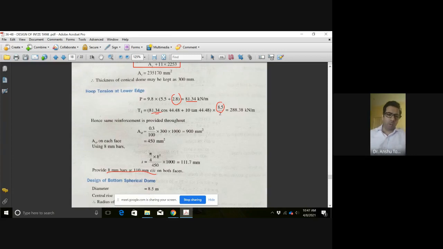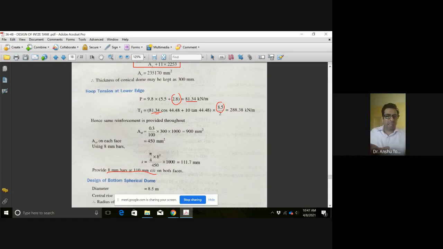There it was d by 2, that means 14 upon 2, 7 meters, by which we were multiplying it. Hoop stress we take in the lateral direction. It is a force which is in the lateral direction. That is why we multiply it with d by 2, half of the diameter, because half is considered to be acting on the other side. But you can see there it was multiplied with 7 meters, so hoop stress was more.